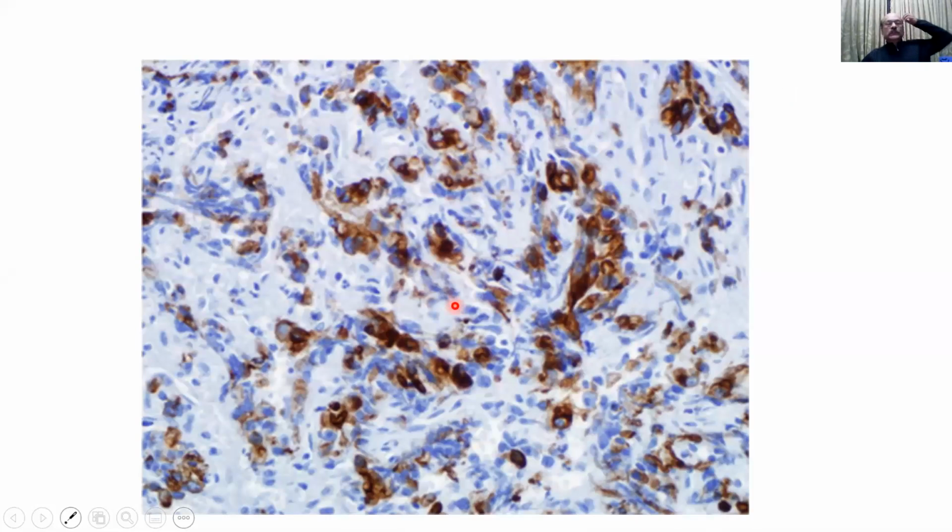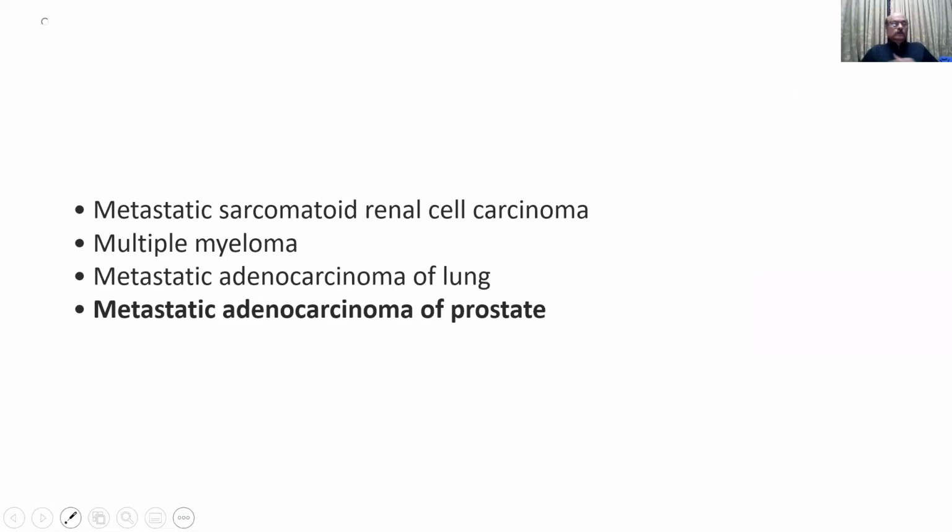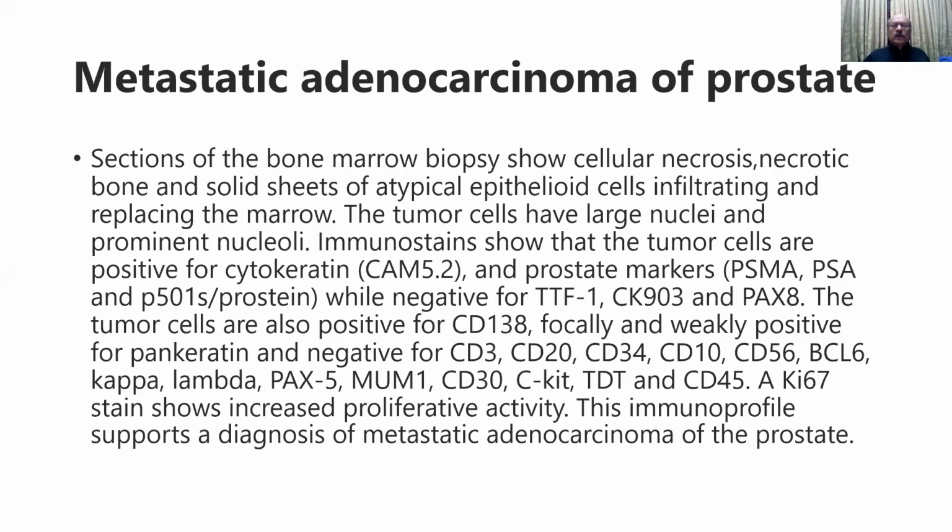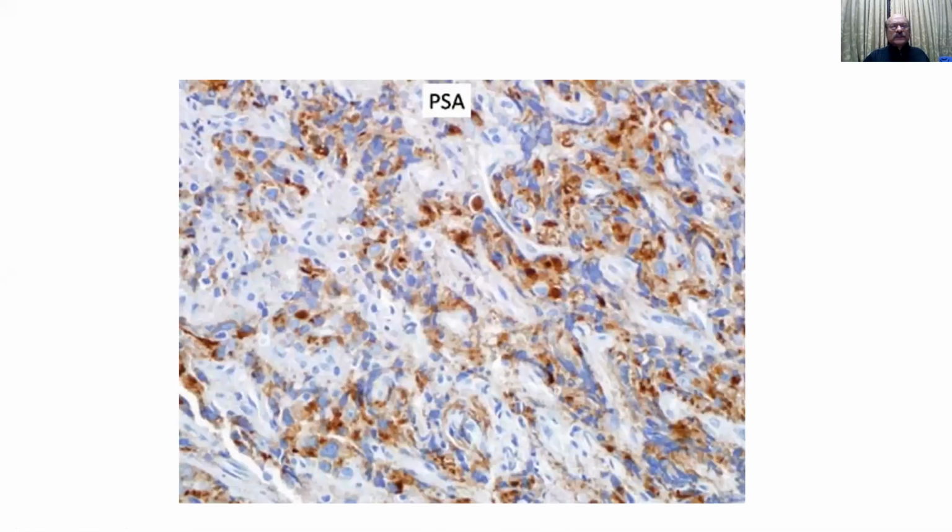So it is actually prostate cancer metastasized into bone. So metastatic adenocarcinoma of the prostate, although these are choices: metastatic sarcomatoid renal cell carcinoma, multiple myeloma, metastatic adenocarcinoma of lung. But here the PSA and other prostatic markers are positive in this case.